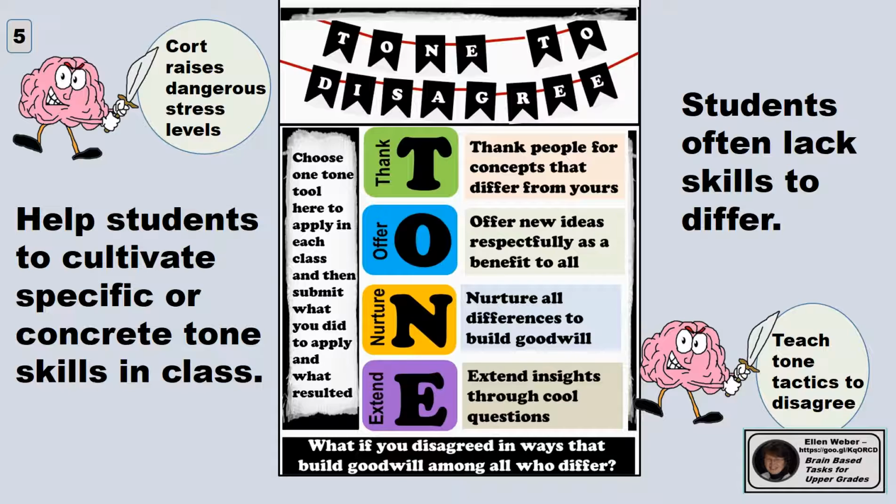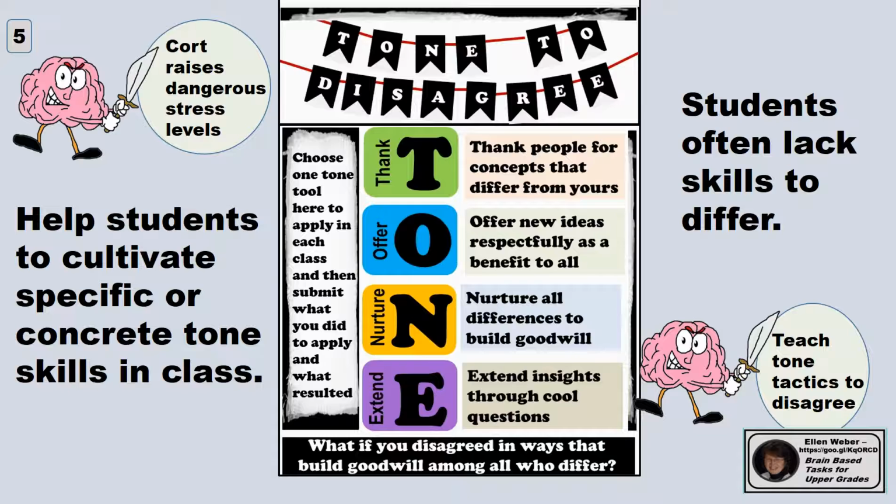Cort is short for cortisol, the brain's stress chemical, which comes from and creates anger, stress, anxiety, and disappointment. The idea in class to use this namungo to students' learning advantage is to teach tone tactics to disagree.